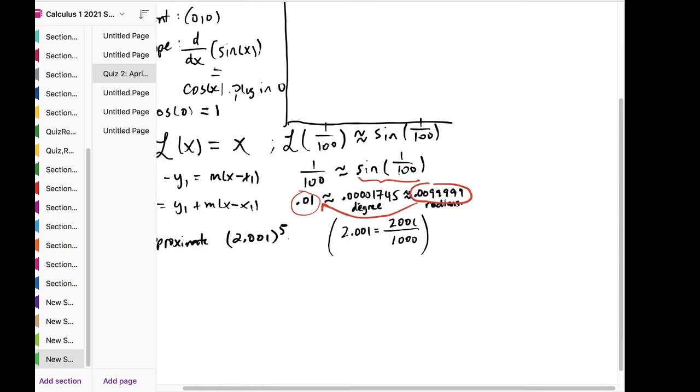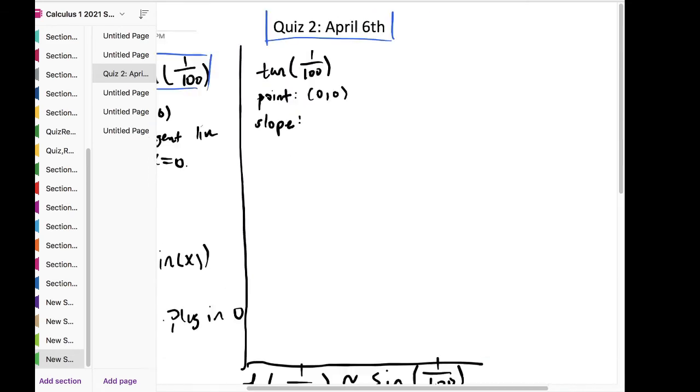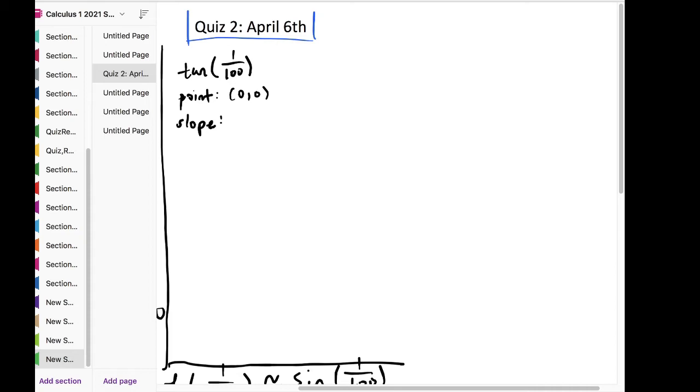Okay, so let's do tangent. Okay, how do you find the slope of the tangent line? What do you need for the slope of the tangent line, we're looking at 0, 0?